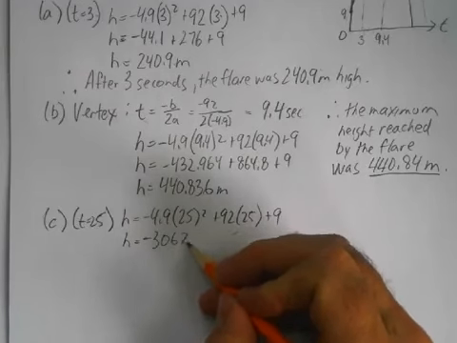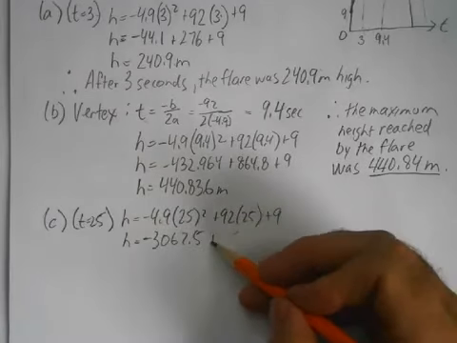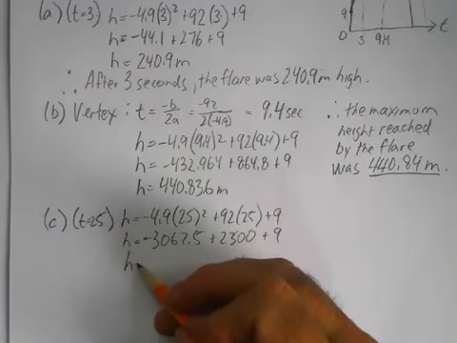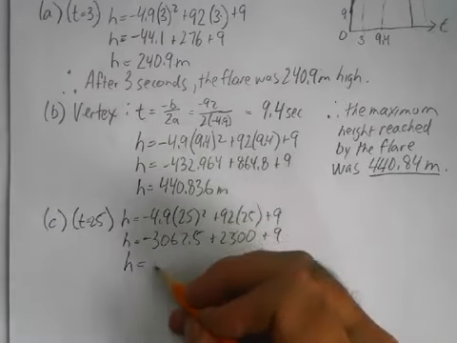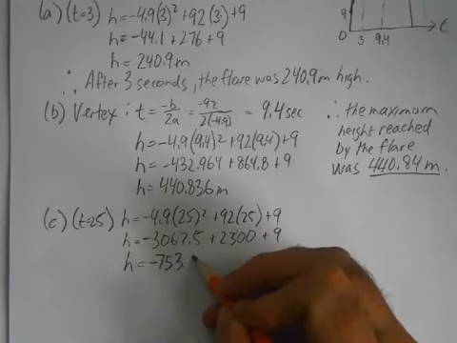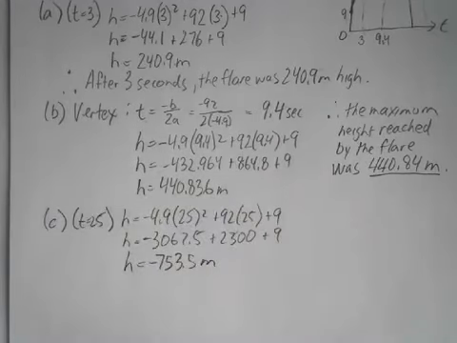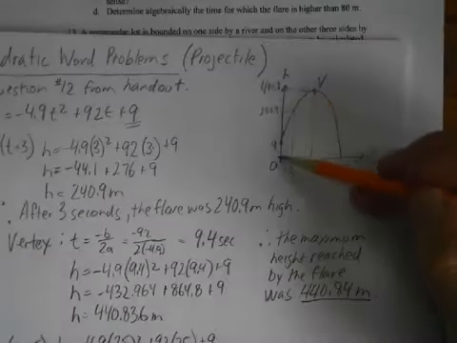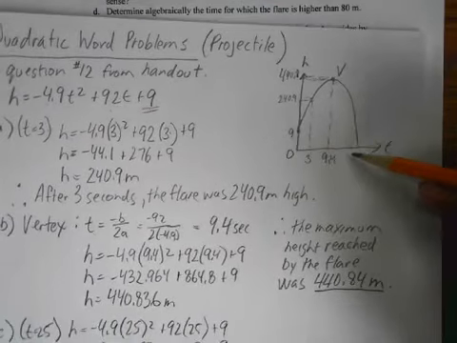Negative 3062.5. This is 2300, and that's 9. Put them all together, and we get this big negative number, negative 753.5 meters.